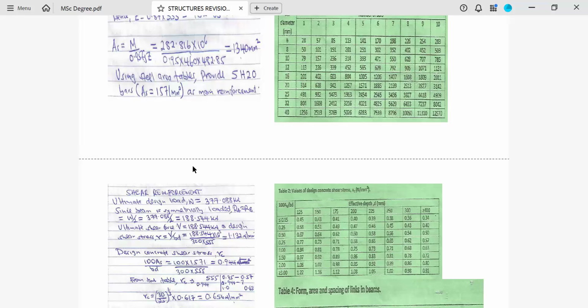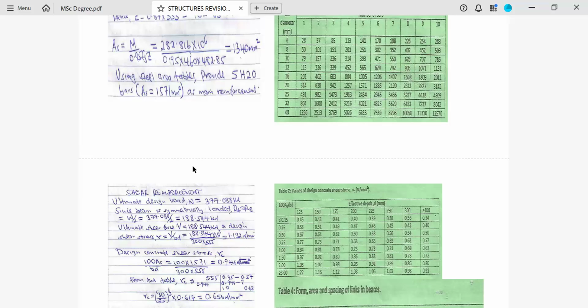Now, our concrete strength for this question was 30 Newton per millimeter squared. You take FCU over 25 power a third times the value you obtained.